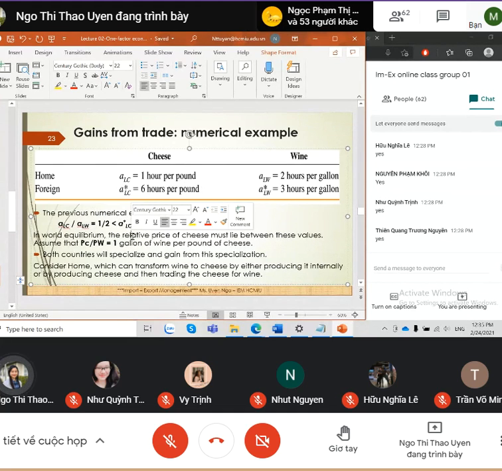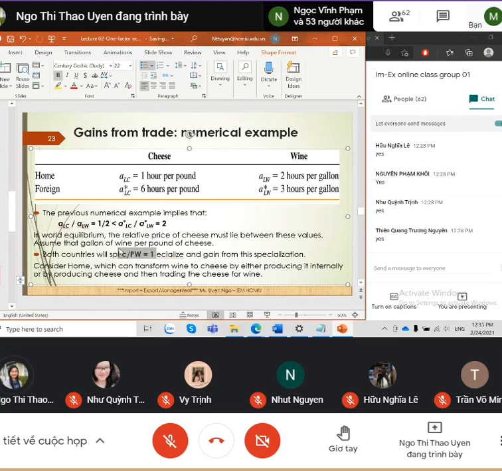And we also assume that the relative price of cheese is 1. Meaning that the price of cheese is equal to the price of wine.